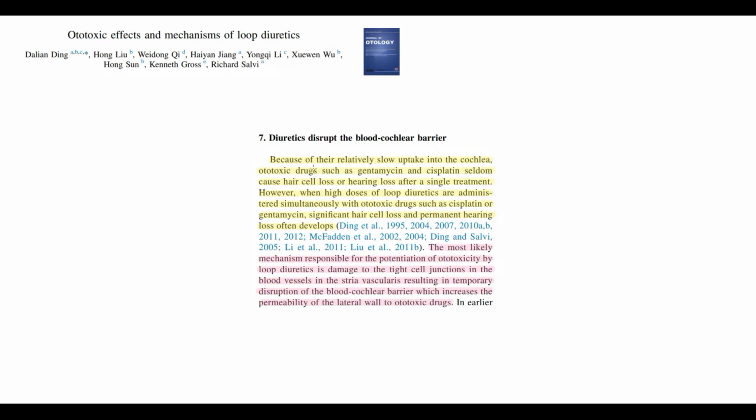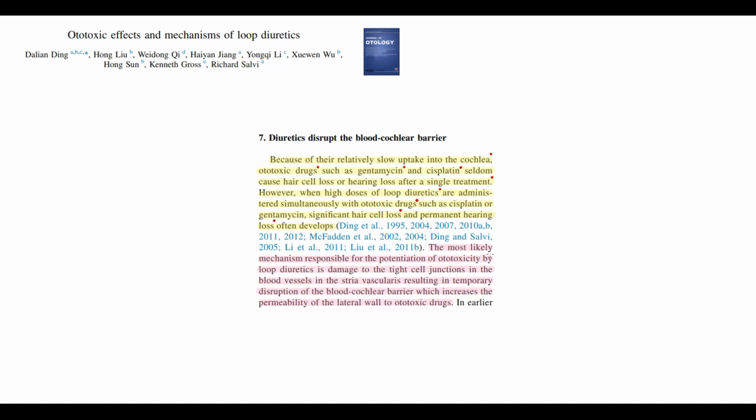We know that some drugs have ototoxicity, for example gentamicin or cisplatin, but on their own, they have only mild ototoxic effect, because they cannot penetrate through the blood-cochlea barrier. So you won't typically expect hearing loss after a single treatment by gentamicin. But if you will prescribe them together with loop diuretics, this can become really dangerous.